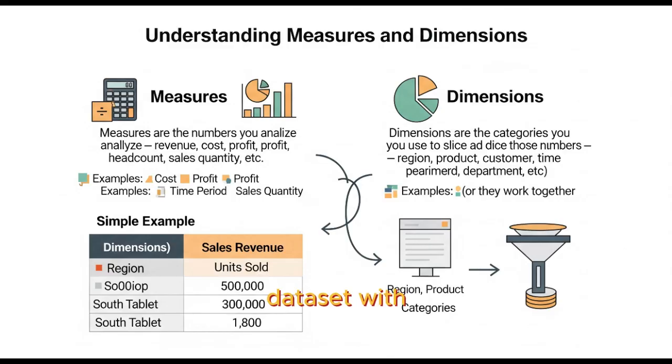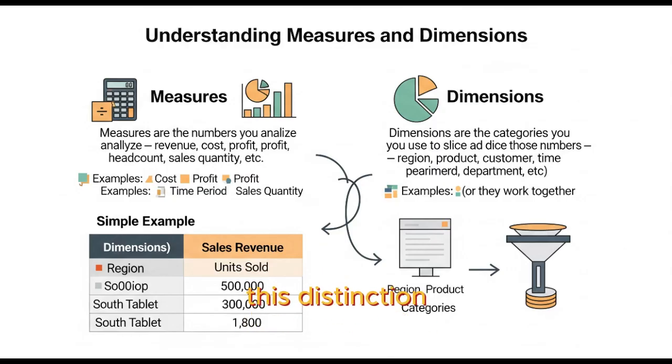Imagine you have a data set with the following columns: region, product, sales revenue, units sold. Region and product are dimensions; sales revenue and units sold are measures.